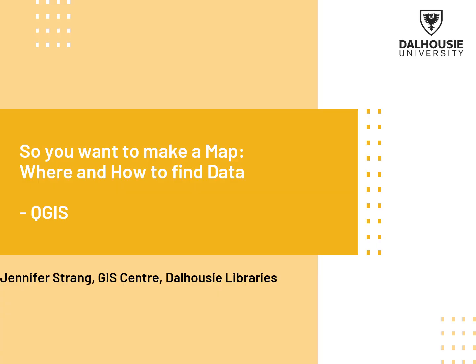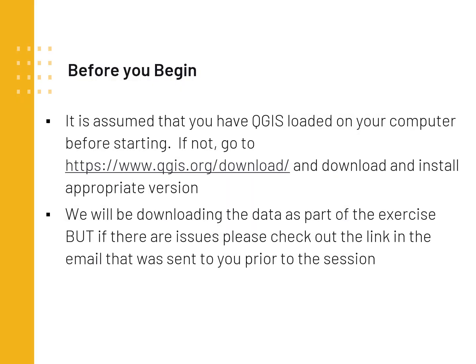This session is "So you want to make a map: where and how to find data." Before you begin, it is assumed that you have QGIS loaded on your computer. If you don't have it, you can go to https://www.qgis.org/download and download and install the appropriate version.